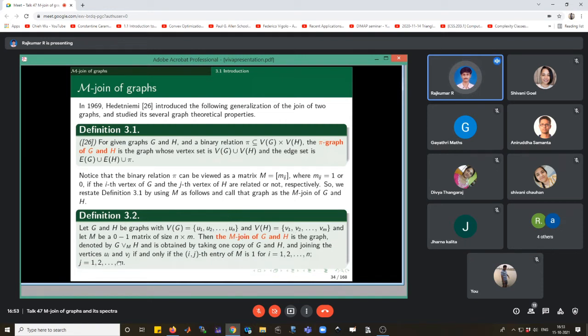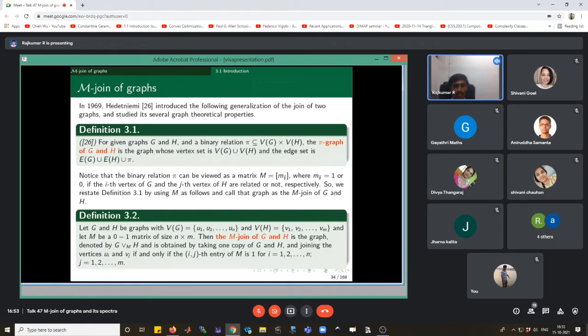So we take an n by m matrix with 0, 1 elements, and then the M-join of G and H, denoted by this particular notation, is the graph obtained by taking one copy of G and H and joining the vertices ui and vj if and only if the ijth entry of M is 1.